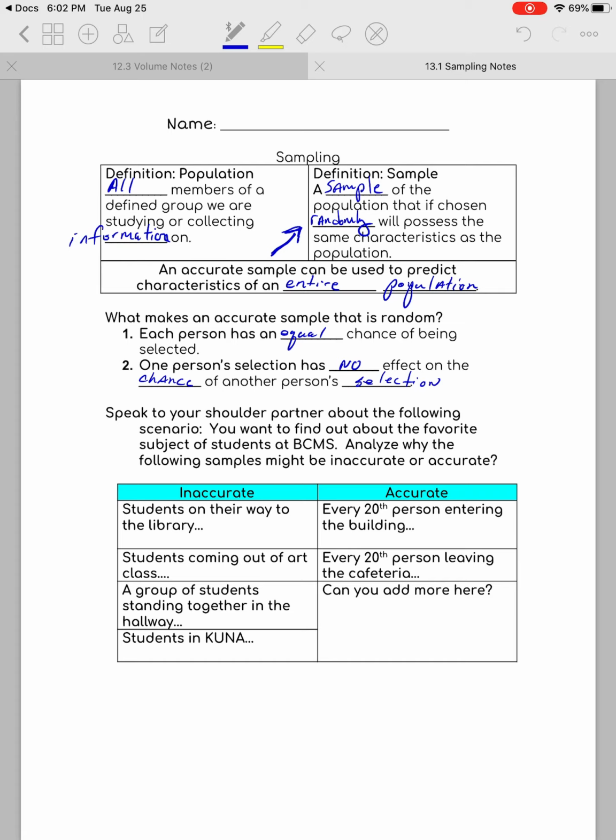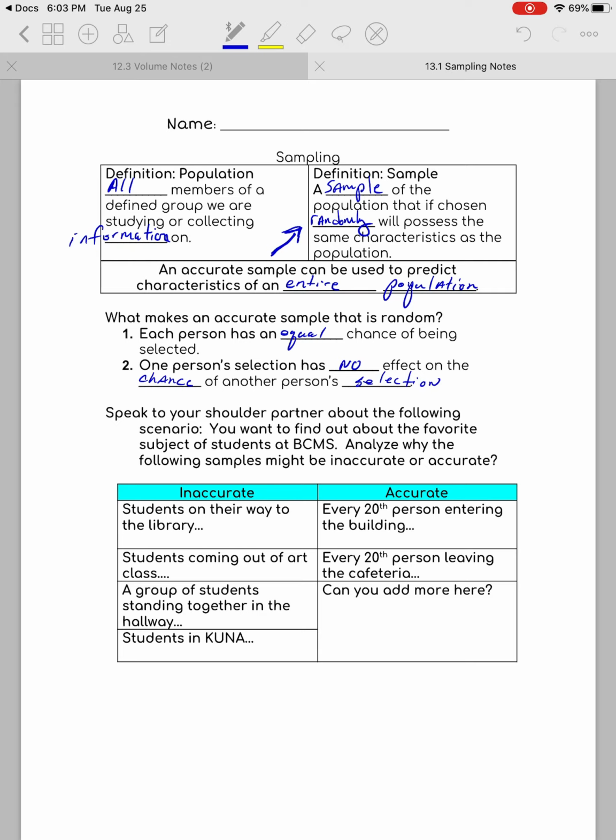So, if we had shoulder partners, you would talk with your shoulder partner, but right now, we'll just do this singularly, and it's fine. So, you want to find out about the favorite subject of students at Boyle County Middle School. Analyze why the following samples might be inaccurate or accurate. Students on their way to the library. Why do you think that would be under the inaccurate title?